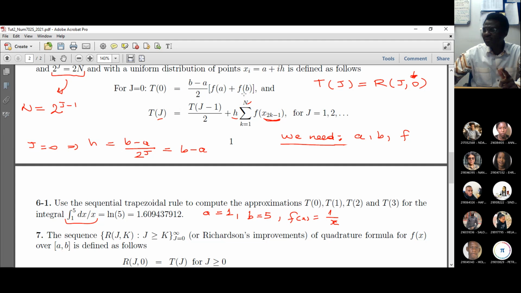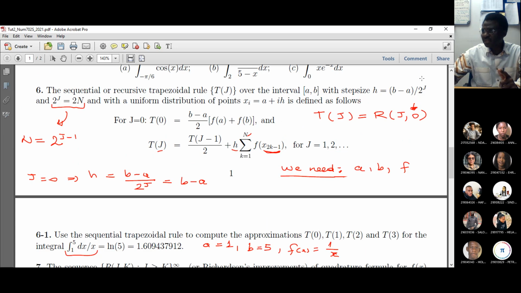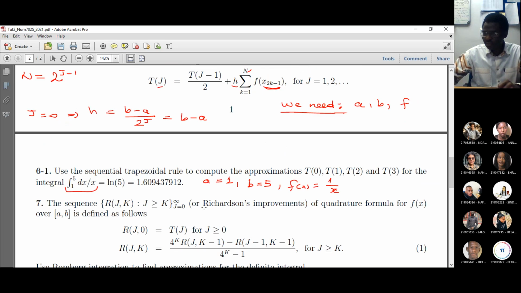So the function, obviously, we have the formula and everything. Remember this formula, write it somewhere. Anyway, you have the tutorial. So what I need to know now is this. We know already that A is 1, B is 5, and F is this.